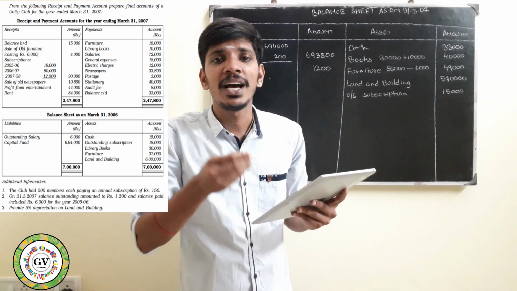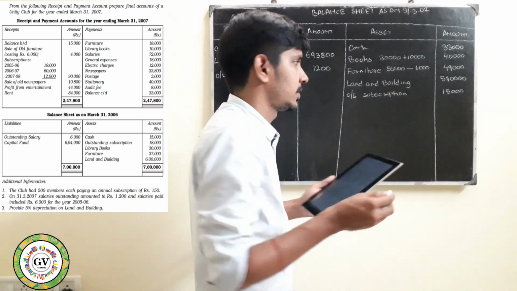And we have received the subscription of rupees 12,000 as advance in the current year, which will be used for the next year. So until the next year, it is a liability for the organization. So the 12,000 will also be shown on the liability side as subscription received in advance.